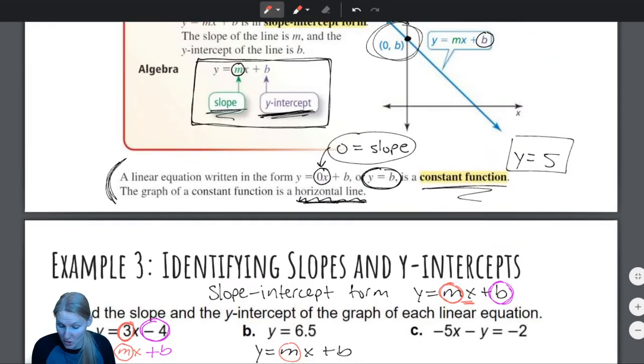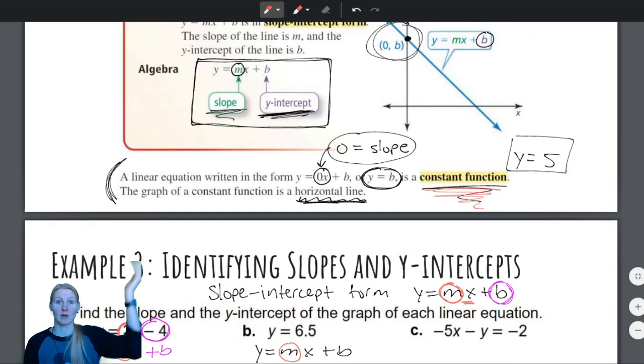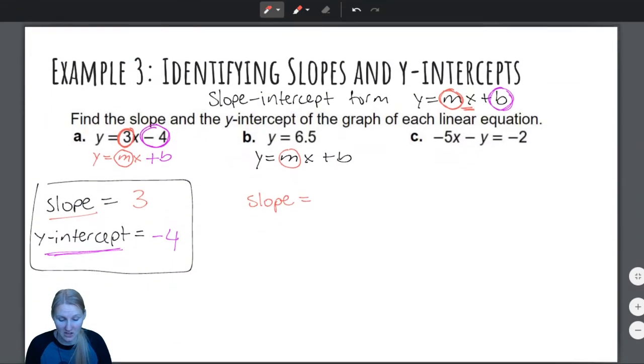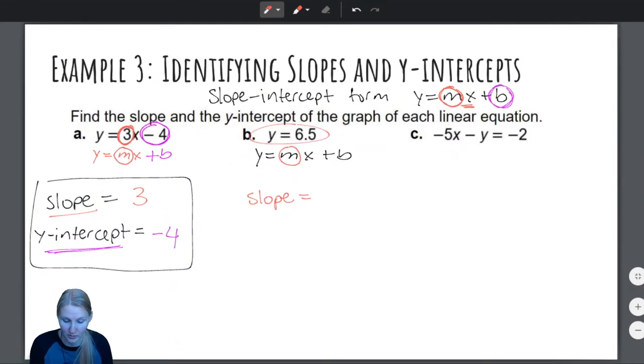Remember, that's the constant function that we talked about in the last slide. y equals b, or y equals a number. And with constant functions, we have a slope of 0. So because there is no x in part B, our slope is 0.